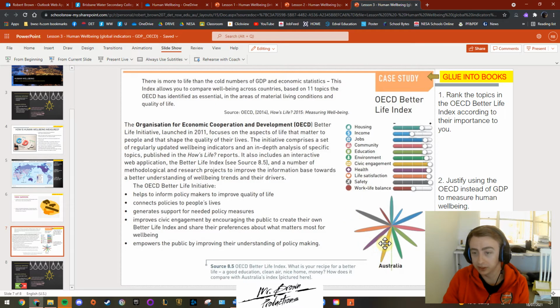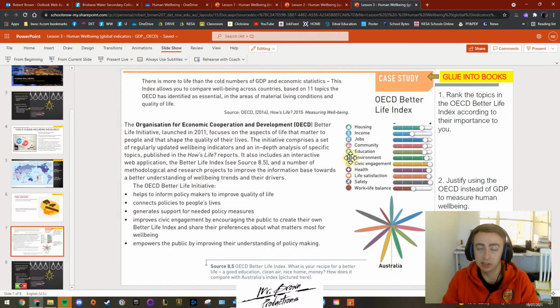So this was Australia's OECD rating. The work-life balance and income were 2 of the lowest points, but everything else you can see is in that top 25% and is generally pretty high. So that means we'd have a pretty good OECD ranking. What the OECD does is measure not just based off money, although it does include that. It measures a lot of other things.